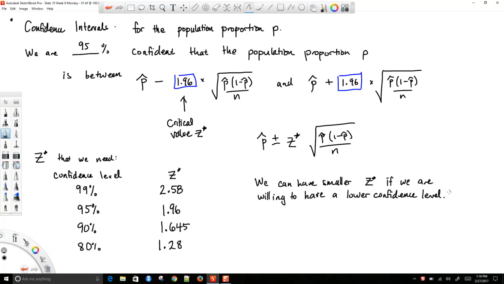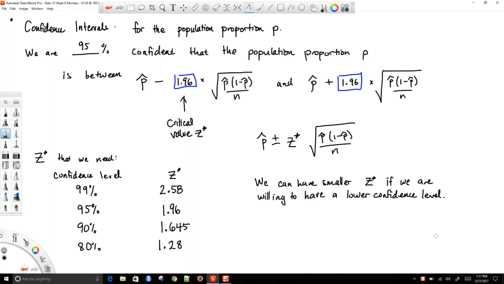The reason why we might want a smaller critical value is that it allows you to have a more narrow interval, and a more narrow interval is generally more preferred because it gives you a more precise range of values that you can work with. But the trade-off again is that you're going to have less confidence in that interval.